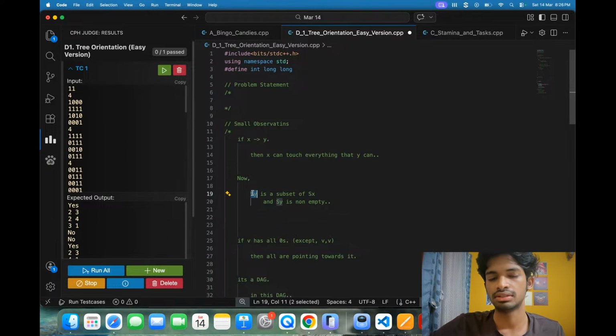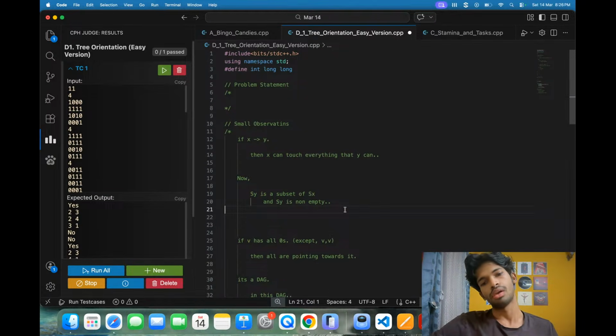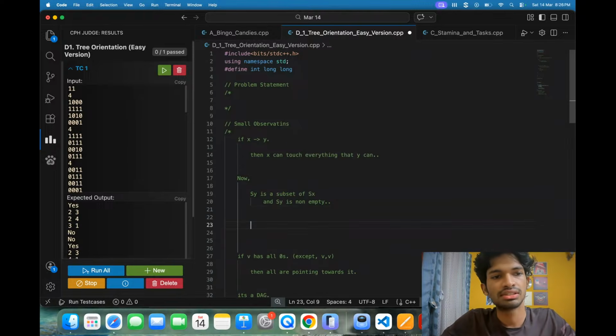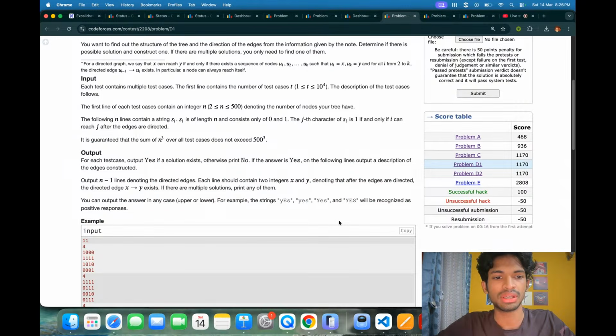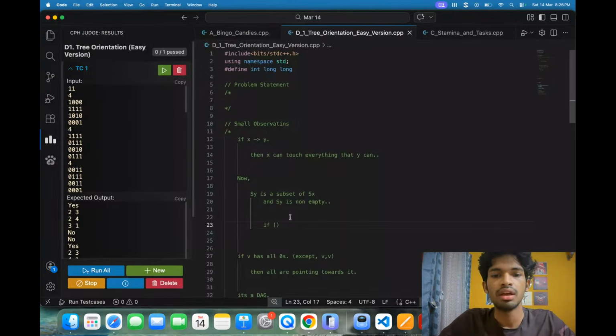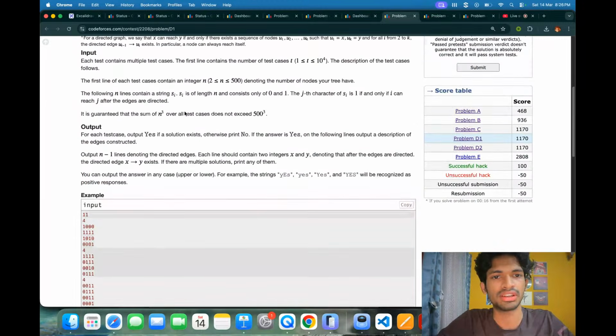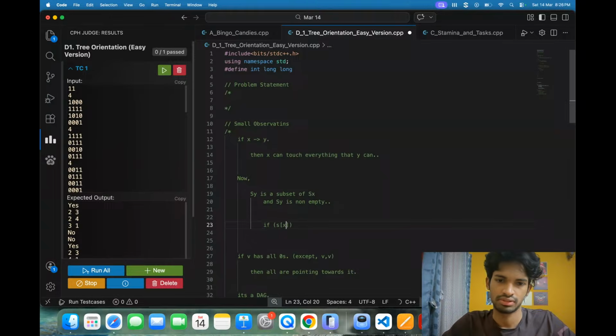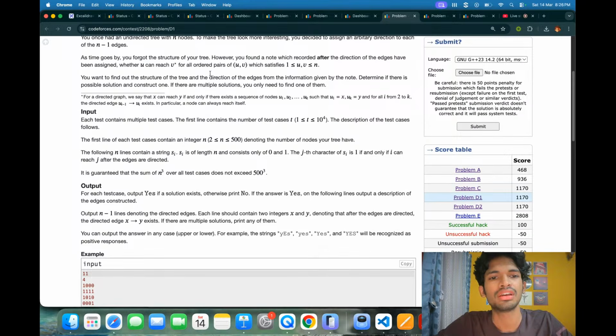Everything there has been reached by Sx, meaning there is a path from X to Y. So sometimes it may be no, but other times it will be yes. What does this mean? If S of X of Y equals 1, what does that mean? There is a way to go from X to Y, right?